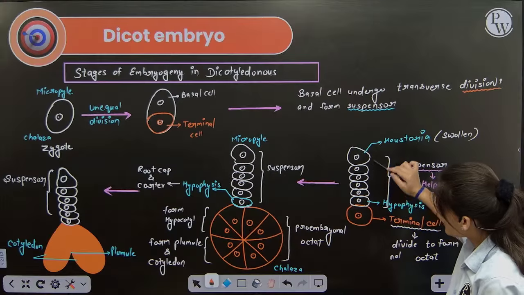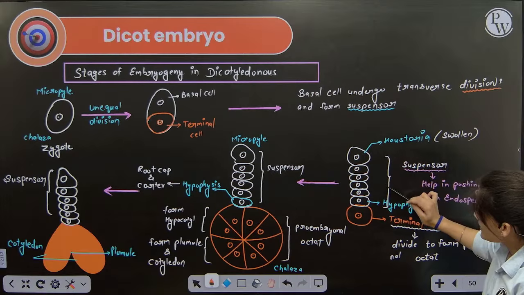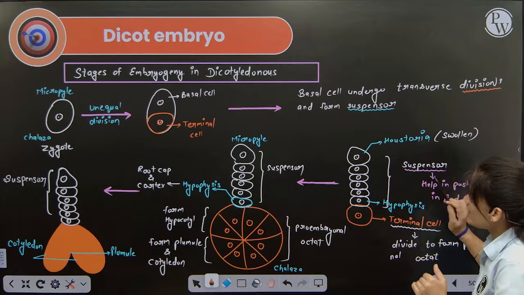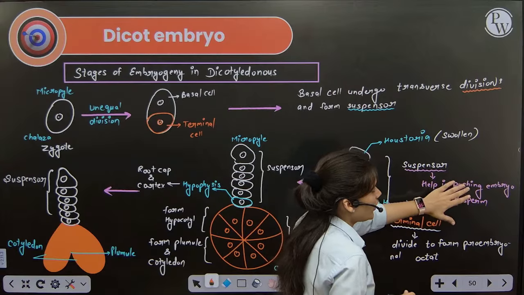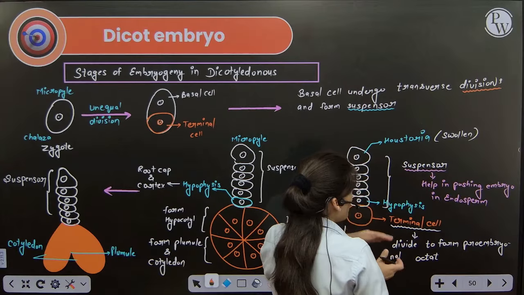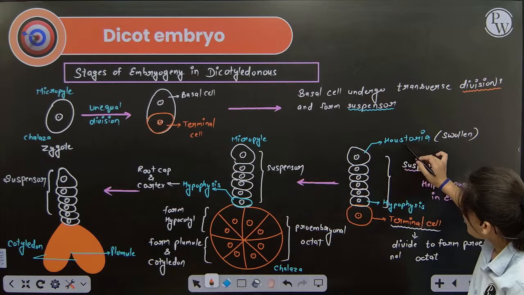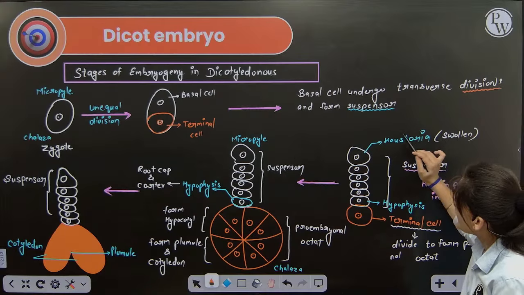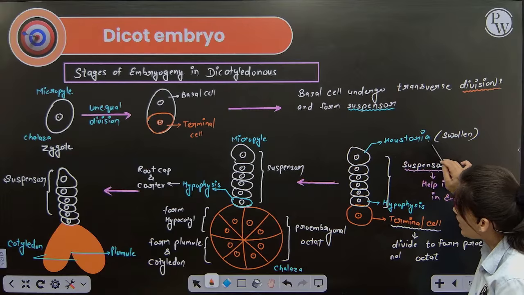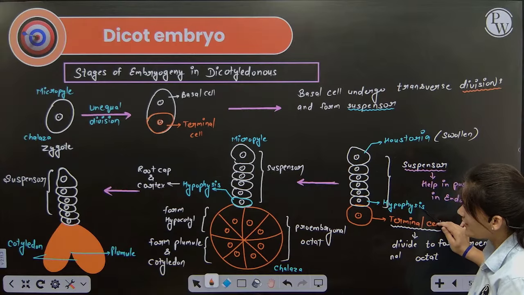What is the role of this suspensor? The suspensor helps in pushing the embryo into the endosperm. The topmost cell of this suspensor becomes swollen and is known as haustorium. The lowermost cell of this suspensor is known as hypophysis.